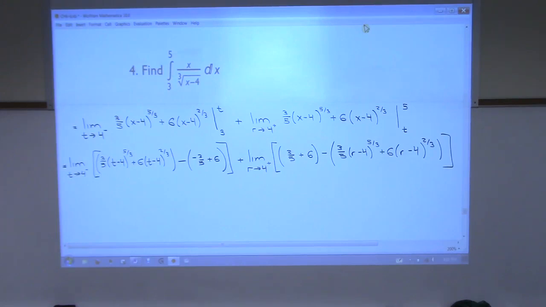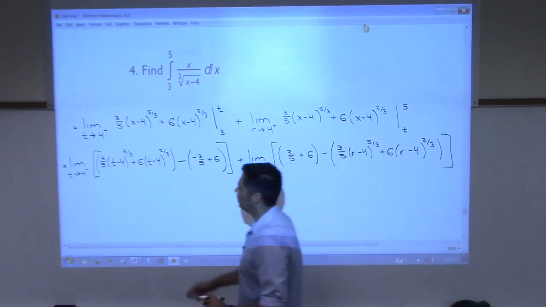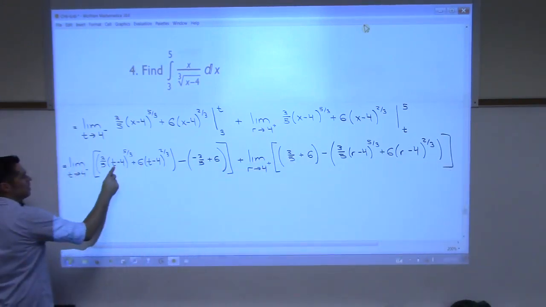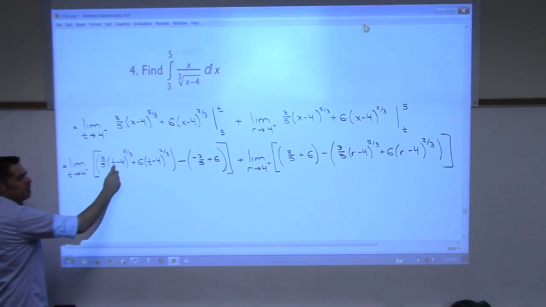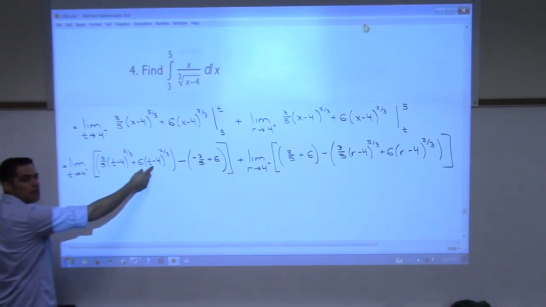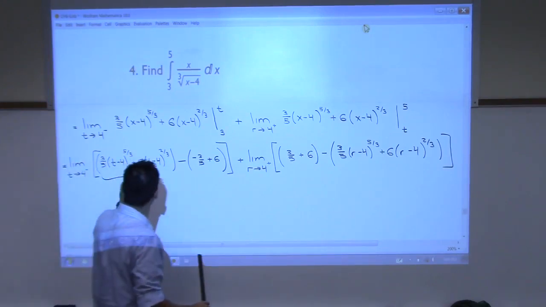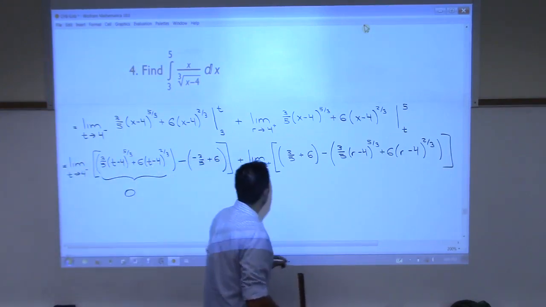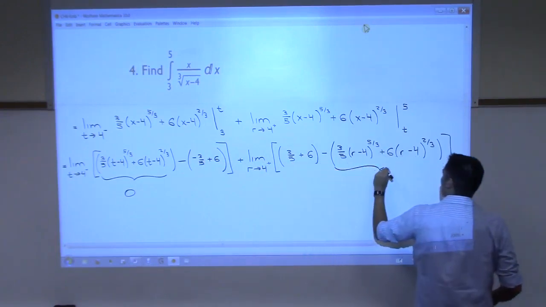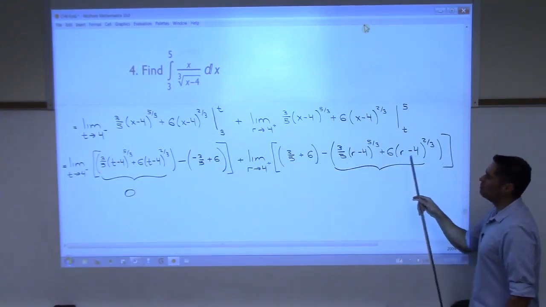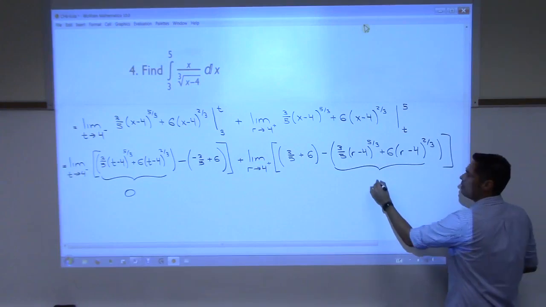Now let r go to 4. That's going to go to 0. 0 to any power is 0. That's going to go to 0. So that's all gone, right? This is all going to vanish to 0. And same situation here, right? When we let r go to 4, those are going to go away.